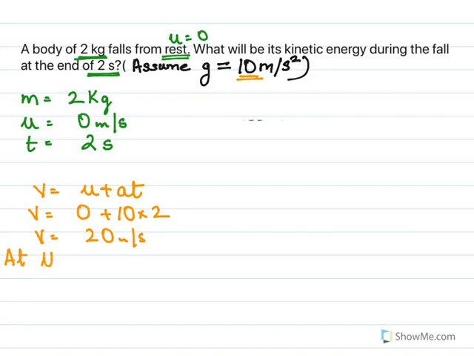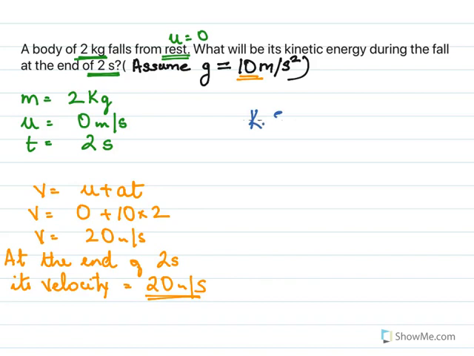So at the end of 2 seconds, its velocity or its speed is equal to 20 meter per second. This is important because we need to find now kinetic energy. So kinetic energy is half m v square. Half. The mass we know is 2.